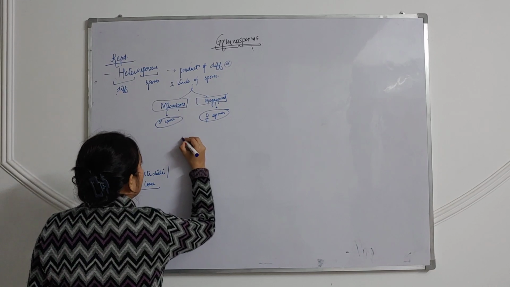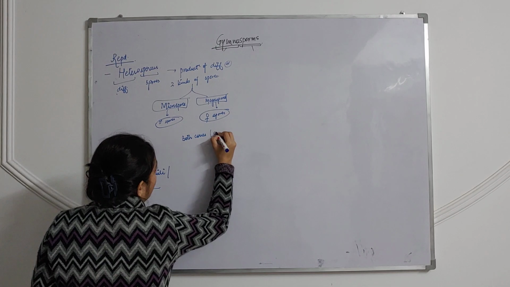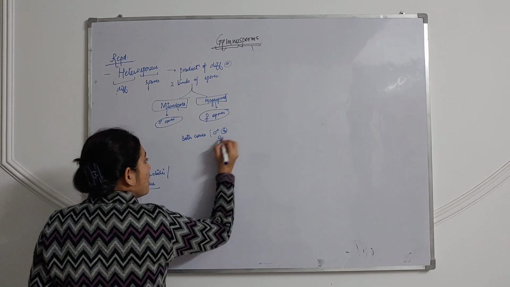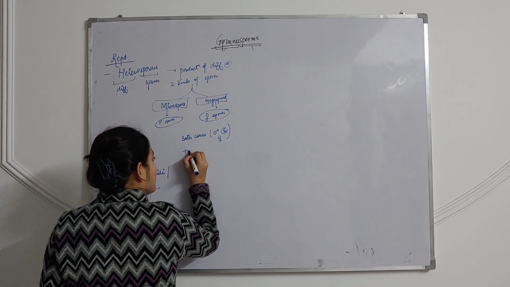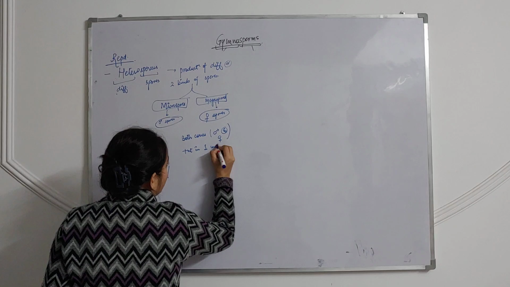Means both male and female cones are present in one individual plant.